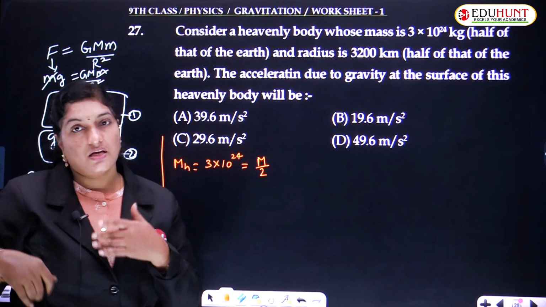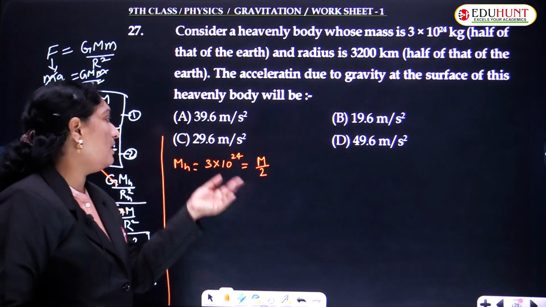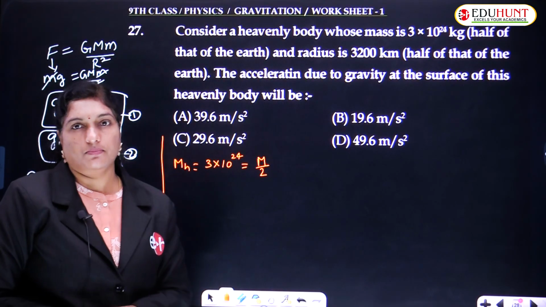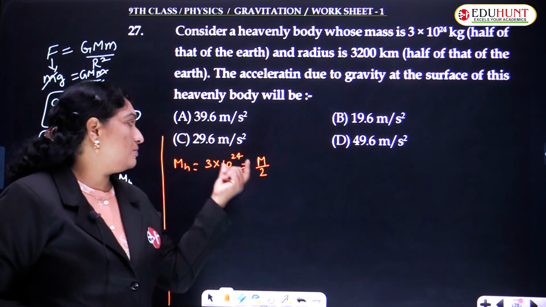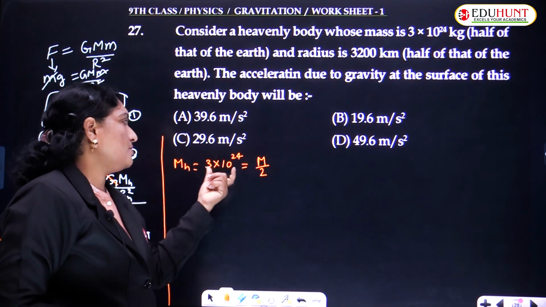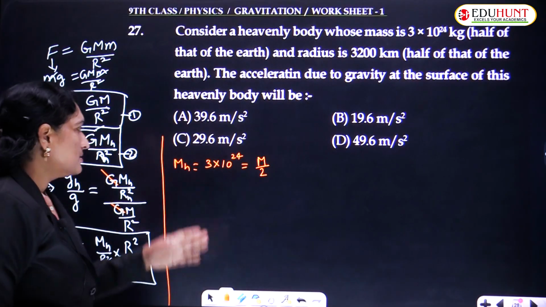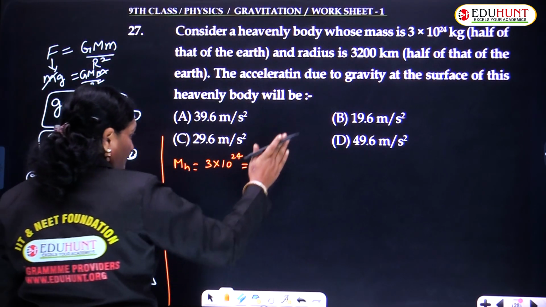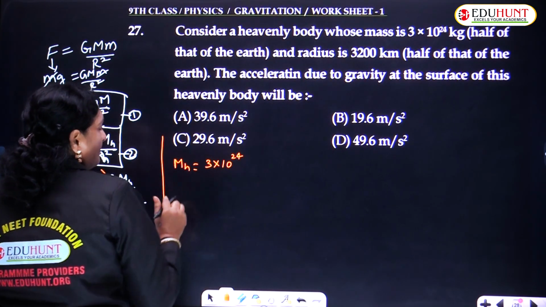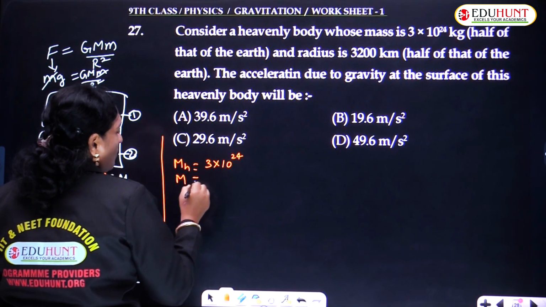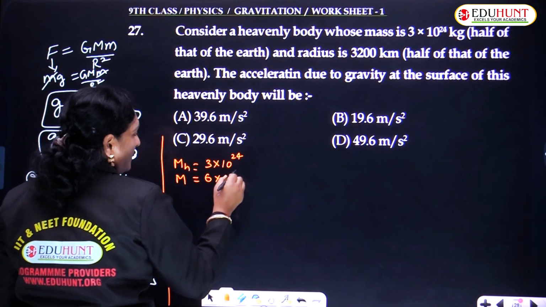If the mass of the earth is taken as 6 into 10 power 24, it can be taken as 3 into 10 power 24. Either you substitute M by 2 or you substitute 3 into 10 power 24, you will get the same result. So half, okay, and the mass of the earth is how much? 6 into 10 power 24.